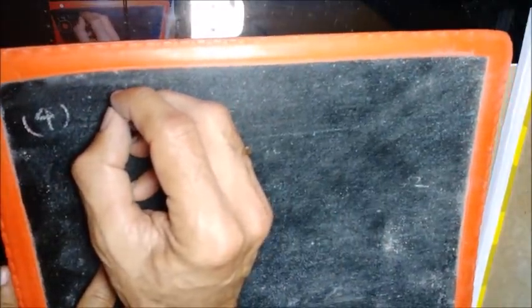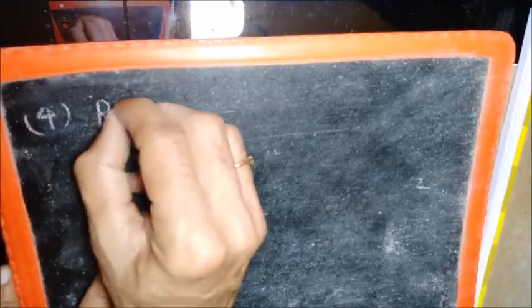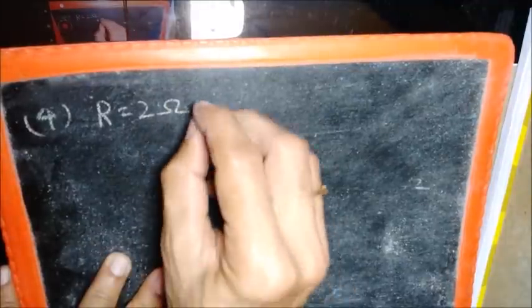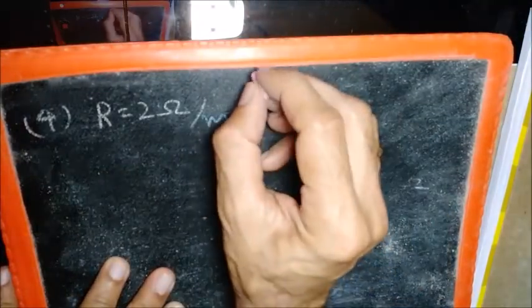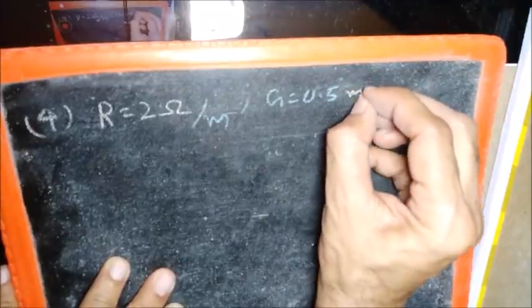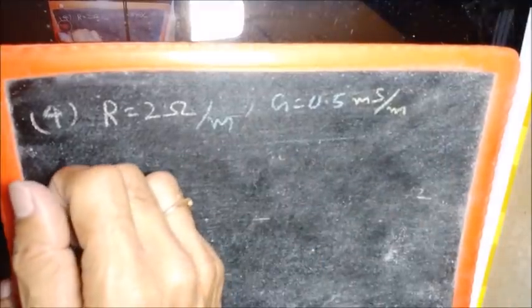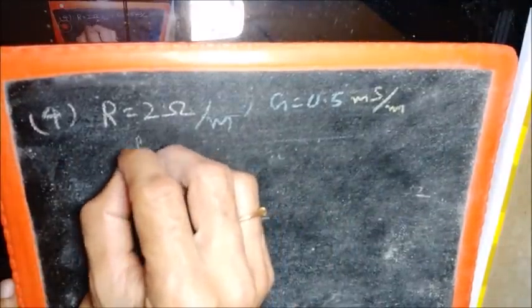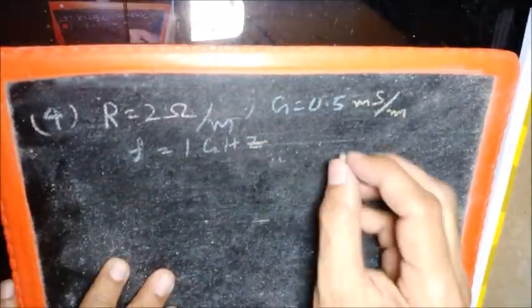This is a problem which you have to solve on your own. A transmission line has R equal to 2 ohms per meter, G equal to 0.5 millisiemens per meter, and the frequency of operation is 1 gigahertz.